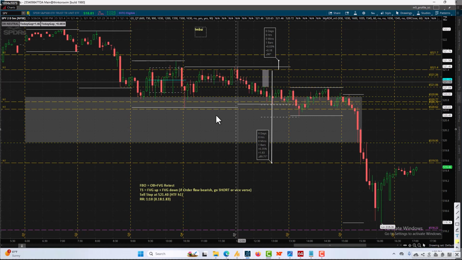Imbalance, right? Imbalance, then the rebalance. We have a rebalance, imbalance, and rebalance.